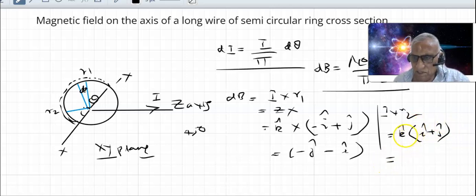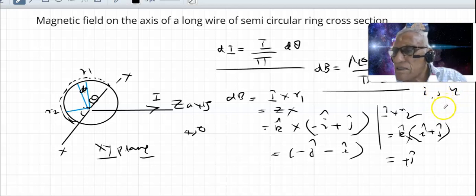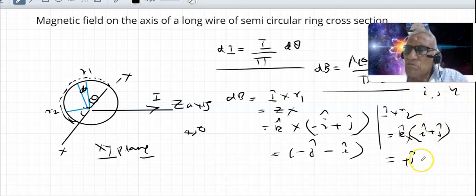Here k cross i is plus j, and k cross j is minus i.